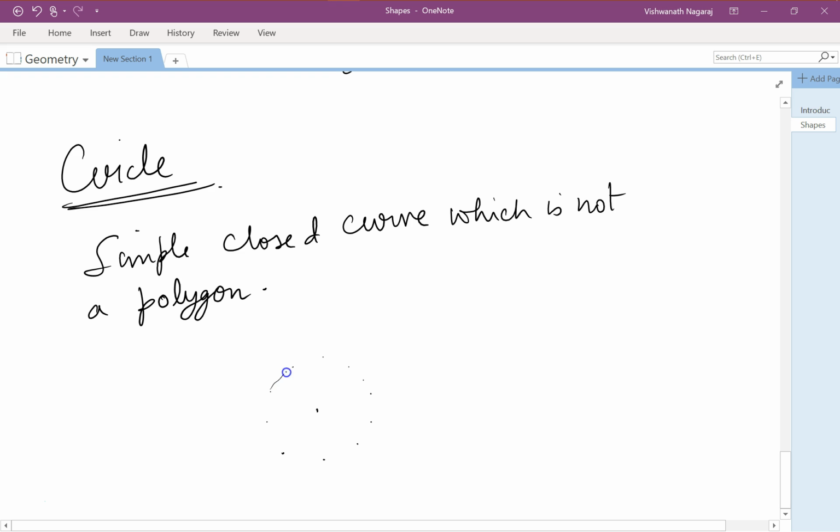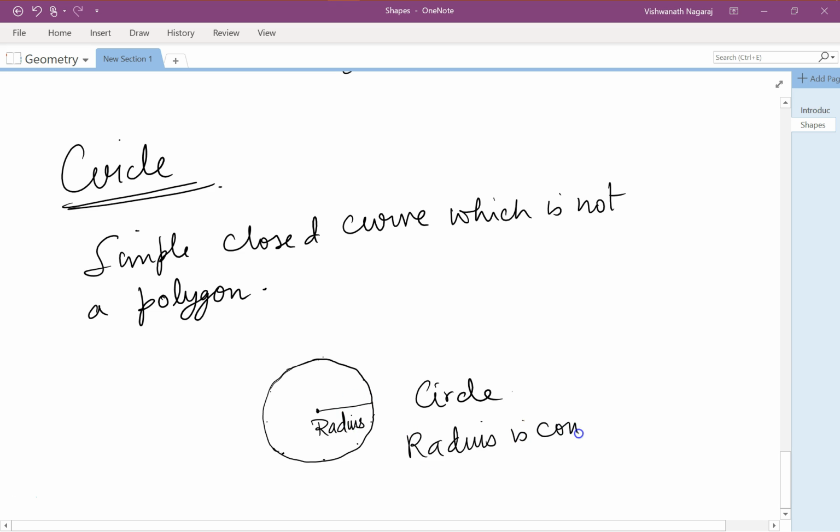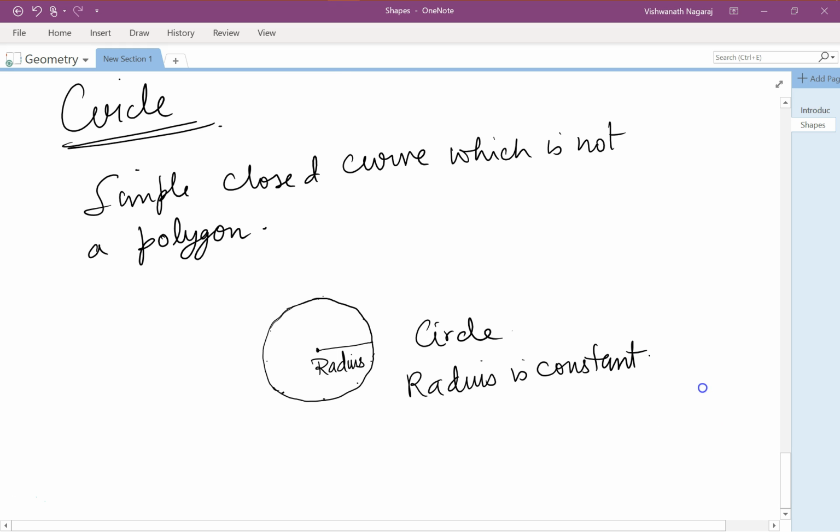Now if you connect these, what you get is called a circle. So this point to any point on the boundary is called a radius, and this radius is constant. That means it doesn't change for a circle.